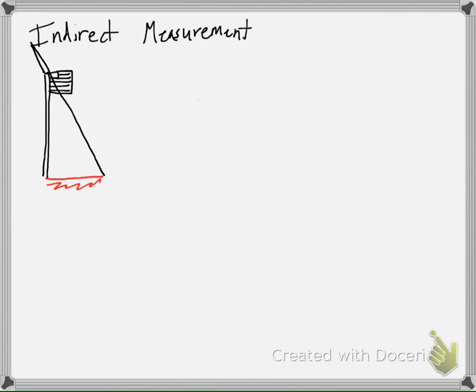Now, here's the thing. Other things that are out at the same time of day will have the same angle as far as how the sun hits them, correct? So if you're outside standing next to the flagpole, you can also measure the shadow that you make.